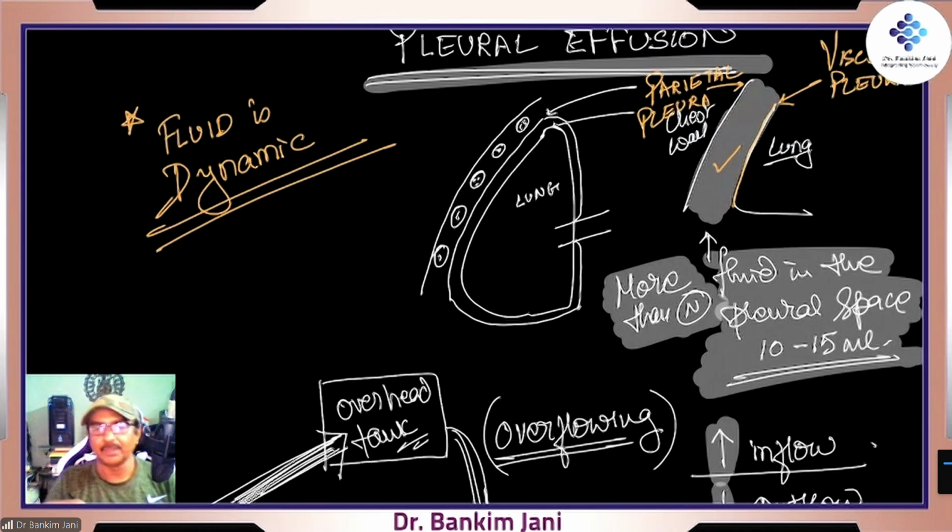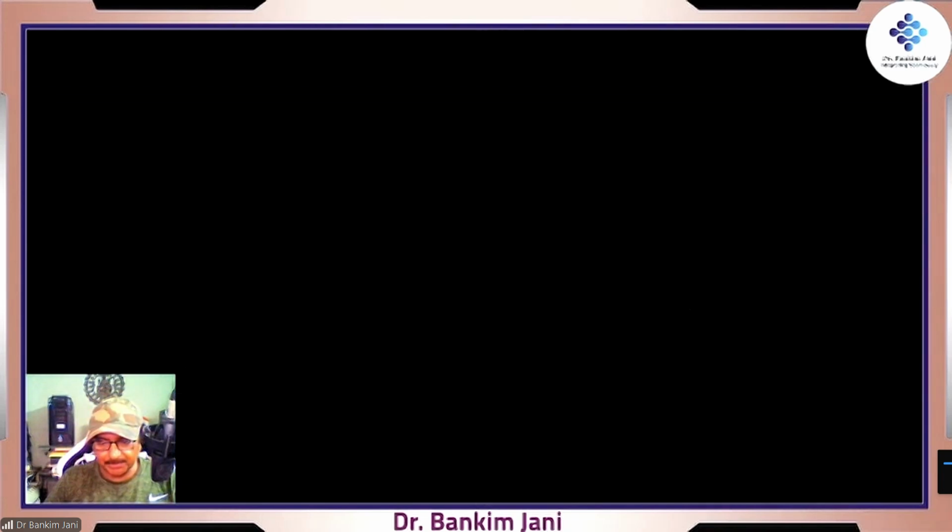Same thing. If this water is static, then it will perish, there will be infection and many things. This fluid should constantly be rotating. Rotating means new fluid should come and old fluid should go. So that's the mechanism. Diving deep into it.